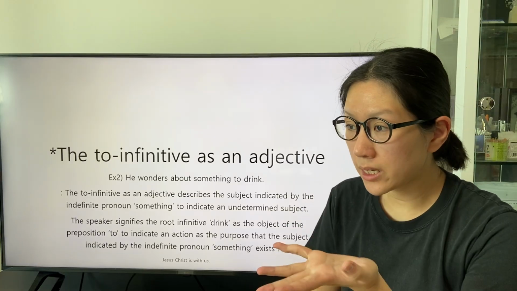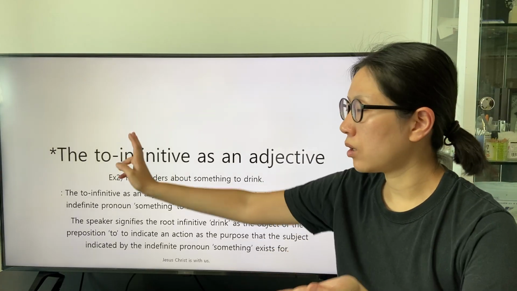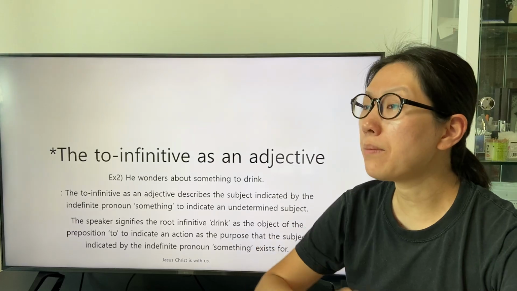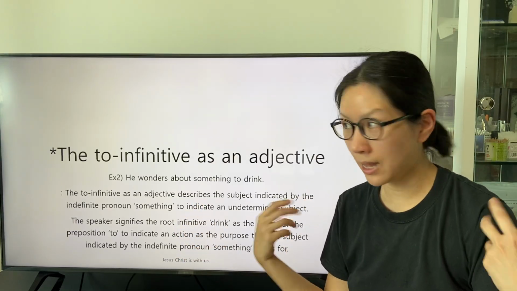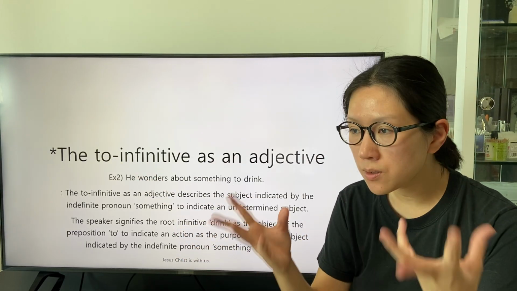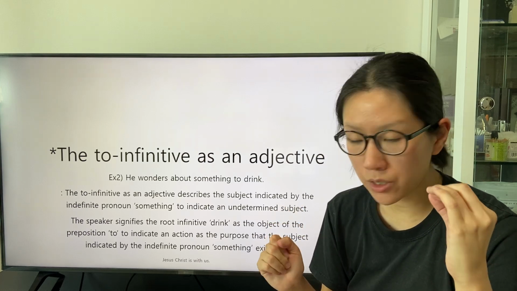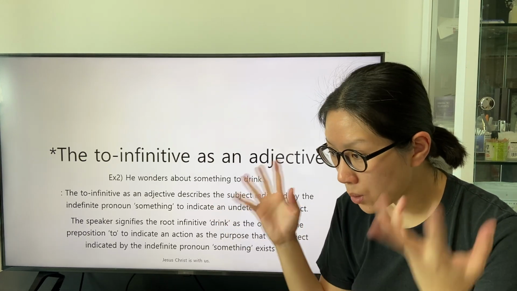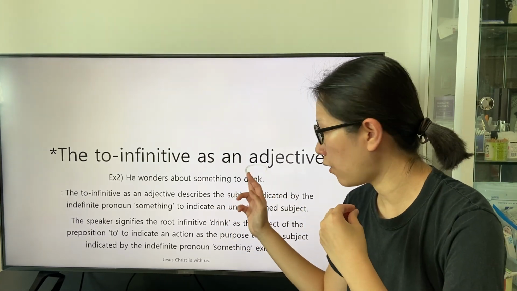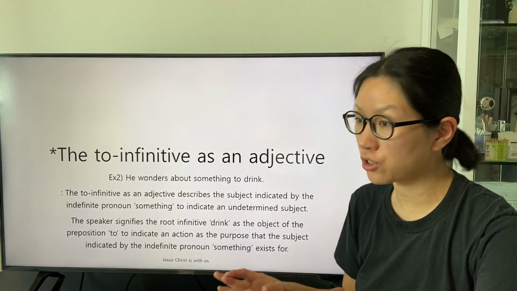We can understand that we primarily admit that the to infinitive reveals the information about time when the definition of the root to infinitive actualizes.